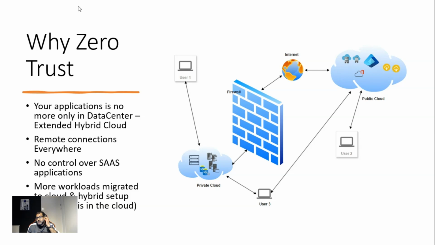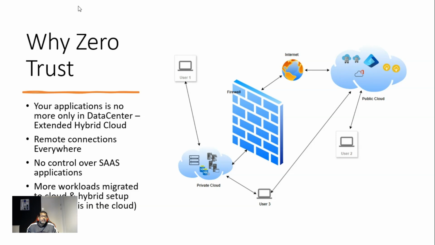And the second part is, previously, users used to connect from the office, and connecting from home was really not that big a volume. But now you have remote connections everywhere, because all the companies are eventually promoting and adopting a hybrid work culture.